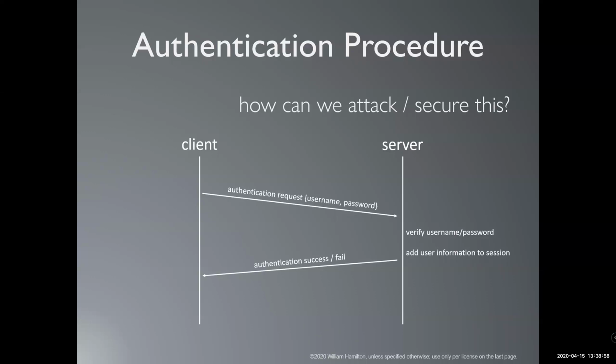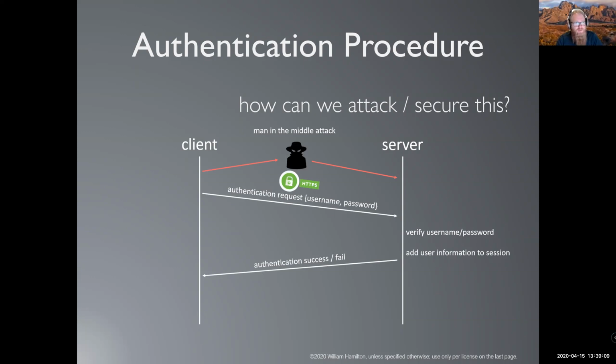I've heard of attackers catching this kind of information mid-transfer from the client to the server. Right, exactly. So you get what's called a man-in-the-middle attack, which is somebody that is basically able to pick up the username and password as they're being transmitted to the server.